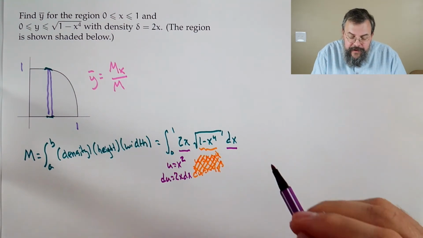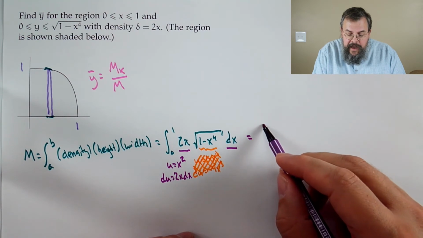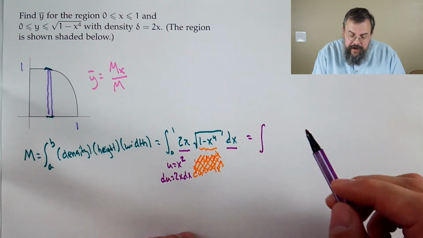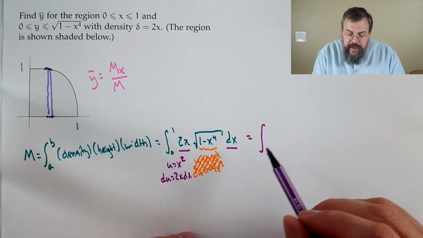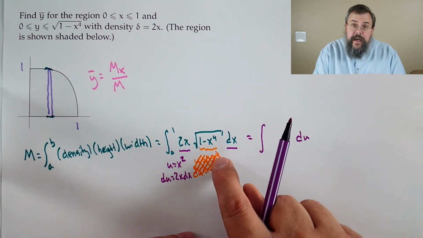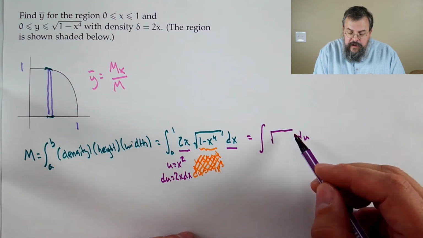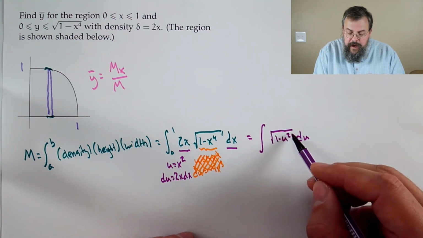Okay, so we can make progress. So this would become, adding up, we've got to figure out the bounds in a second, the 2x dx becomes our du. And since x to the fourth is x squared squared, this becomes the square root of 1 minus u squared.